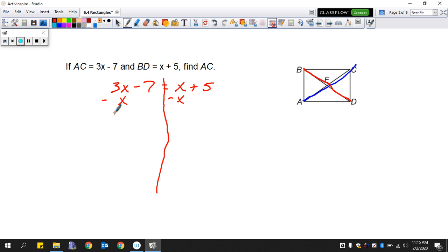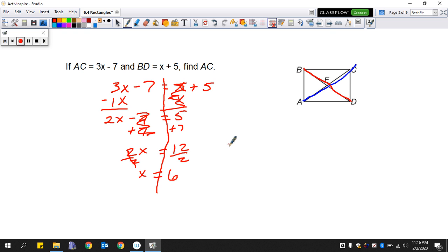The x's cancel out on the right-hand side. 3x minus 1x is 2x, minus 7 is equal to 5. Add 7 to both sides. We end up with 2x is equal to 12. Divide by 2, and so x is equal to 6.